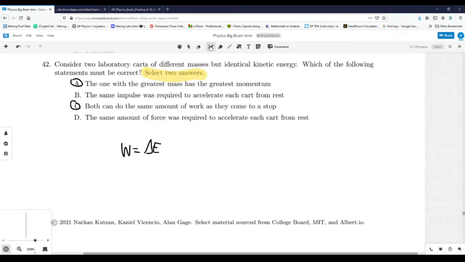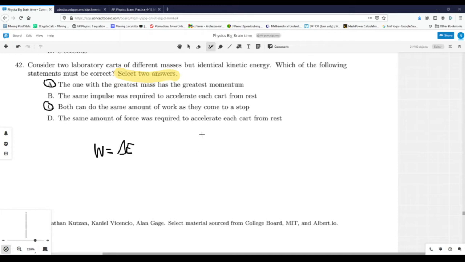And then for A, you have to look at the 2 different equations. Does anyone remember what the equation for momentum is? MV. And then obviously kinetic energy is 1/2 mv squared, right? So imagine hypothetically that the mass of an object is doubled.